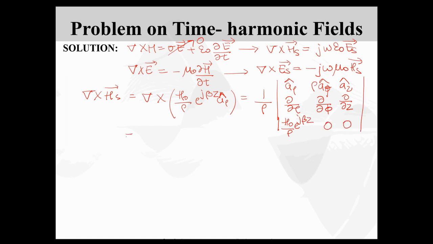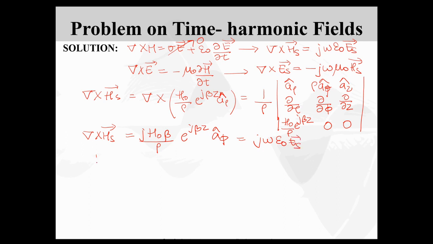By expanding this determinant, we are going to get j h naught into beta over rho into e to the power j beta z along the direction a phi. So we are going to get this as the expression for del cross H, and we are going to equate this with j omega epsilon naught into Es, and we know what is Es.